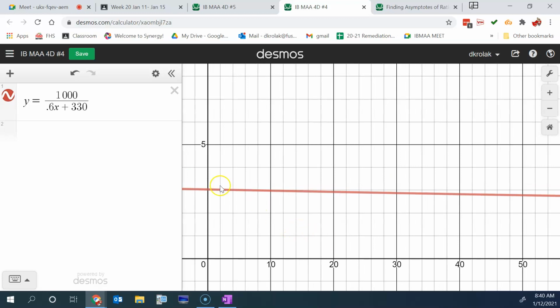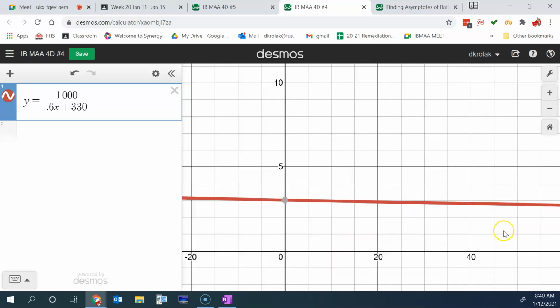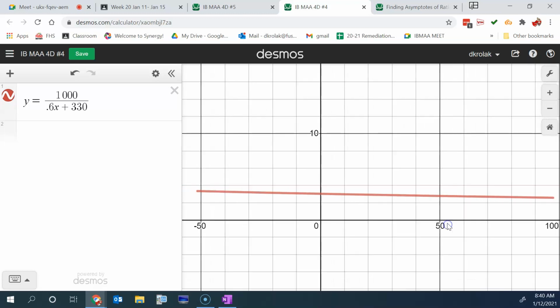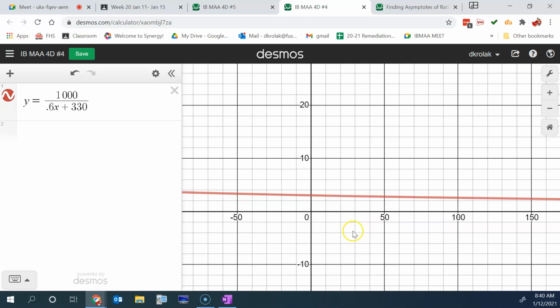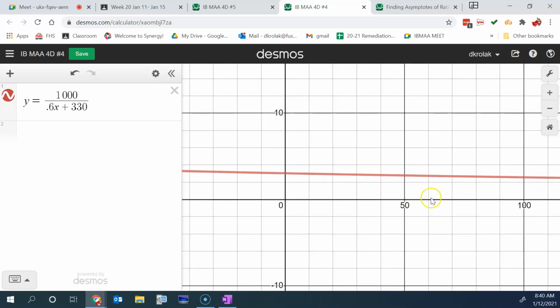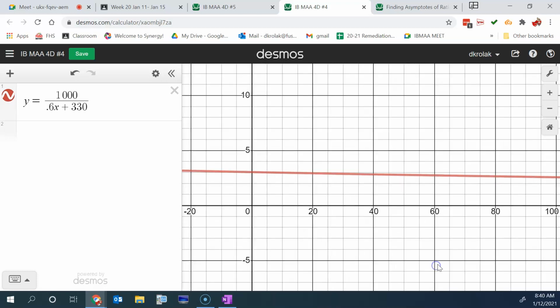So we can take that and we can sketch it. That's about 3, and then it gradually goes down. You can barely see the curve until you zoom out. If we were drawing this to like 60, it would kind of look like that. This is 3, and this is just a tad under 3.